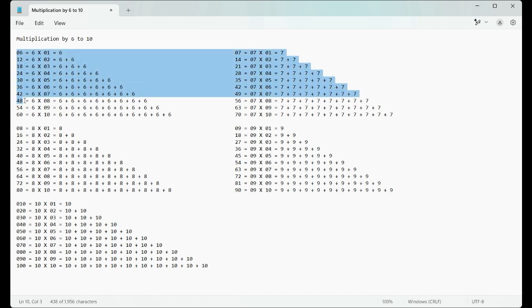On the left hand side, like the one that I have been pointing at, are the numbers that are the product or the result. This one are the factors, and this one are the expressions in addition form. So they can be expressed in an addition form.